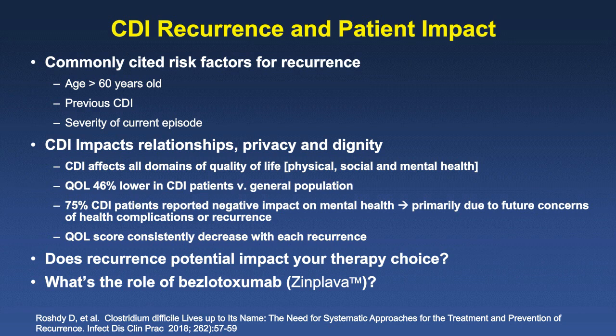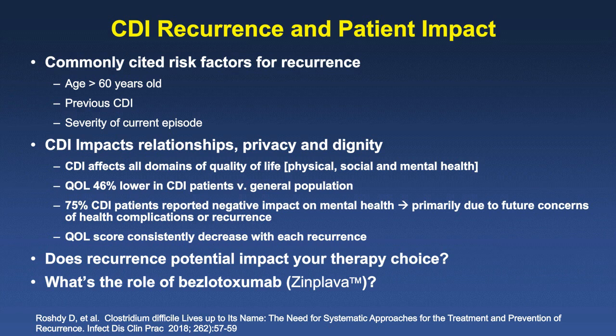We talk about some of the data and the quality of life being 46% lower in CDI patients versus the general population. And this was a little surprising to me. The data, 75% of CDI patients reported in a survey a negative impact on mental health, primarily due to future concerns of health complications and or recurrence.